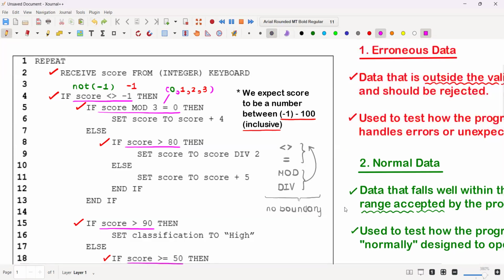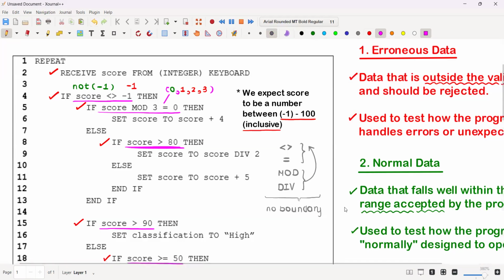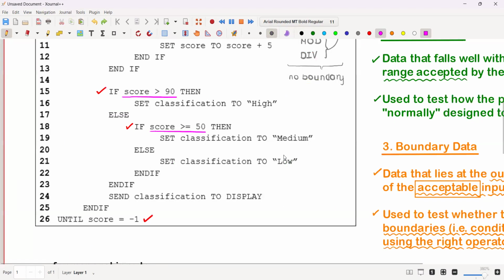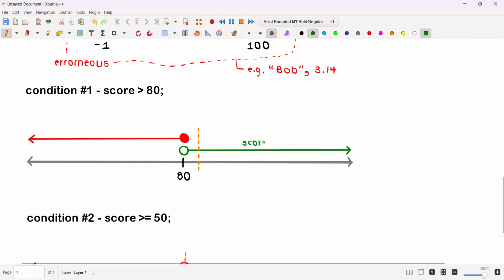What's special about this? For this particular condition, we have a range where the score is to be greater than 80. If you take a look at this condition, any value above 80, but not including 80, right?